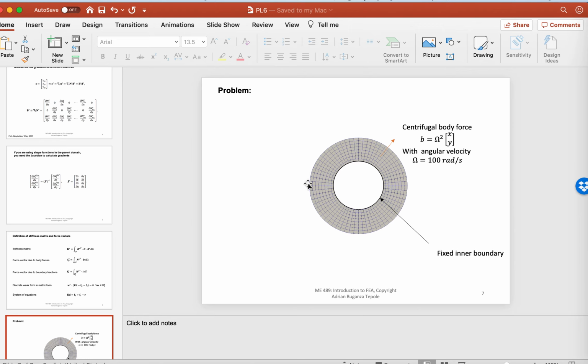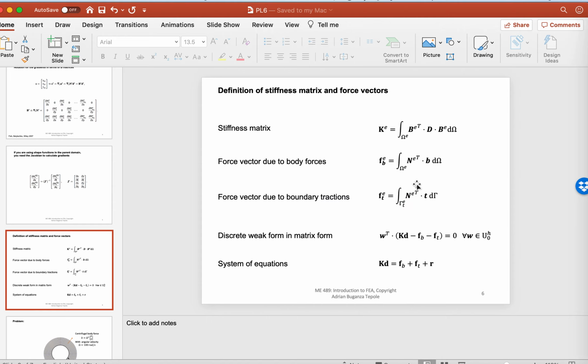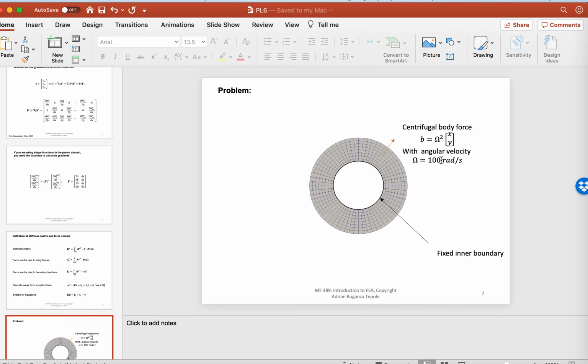All of the outer boundary has traction, or force, boundary conditions, but they are zero. So the integral for the force vector due to boundary tractions is just going to be zero, and we don't have to worry about that. Really, we only have to worry about the force vector, which is given by this centrifugal force, and the stiffness matrix. That's it. This is the problem that I'm going to solve, starting in the next video.